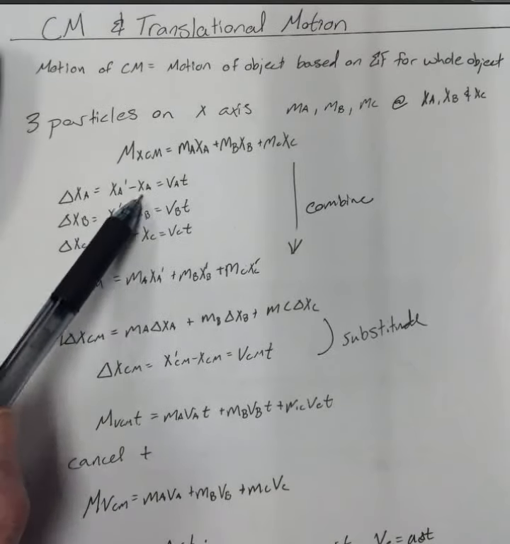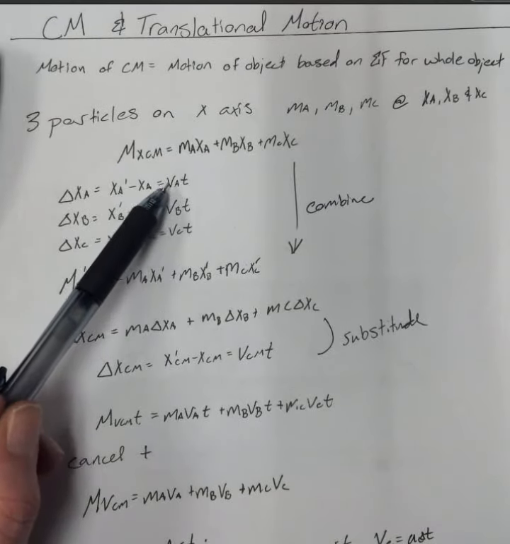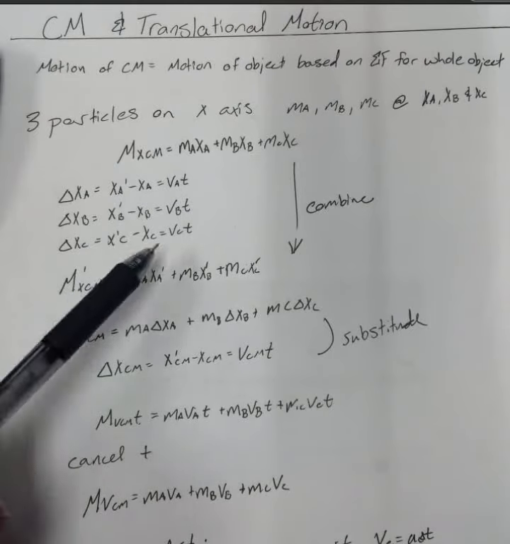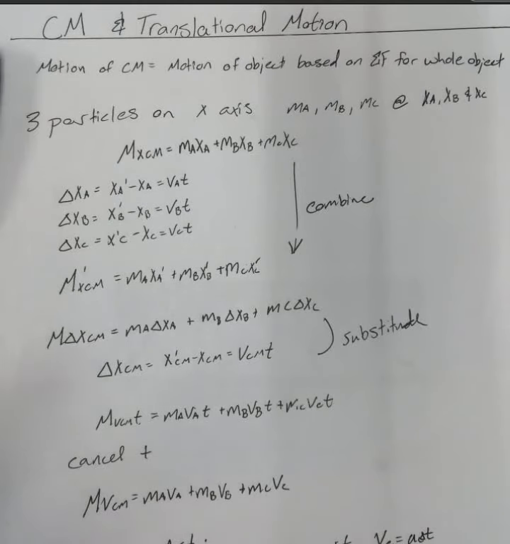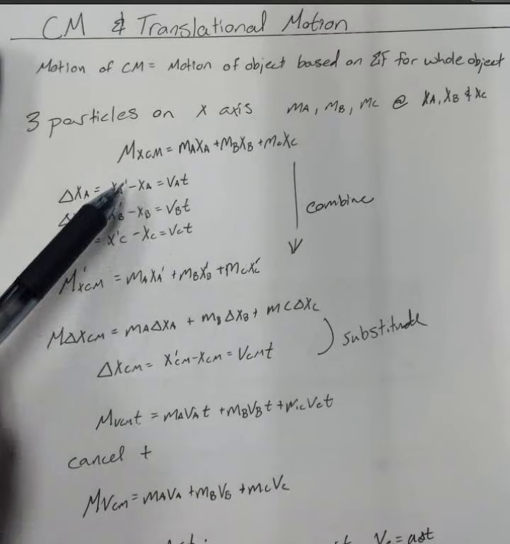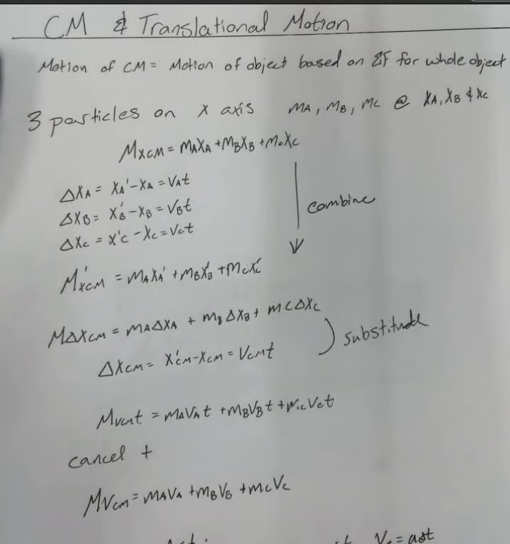The displacement will be equal to the velocity of object A times the time that it was displaced. And here, the prime represents the final position. That's simple kinematics. Now, that means that the center of mass initially could be given by this equation. The center of mass after could be given by this equation.